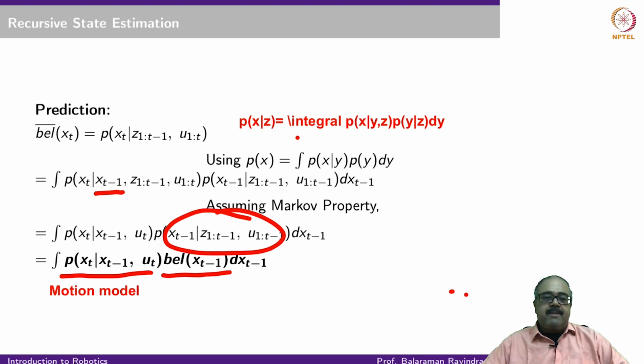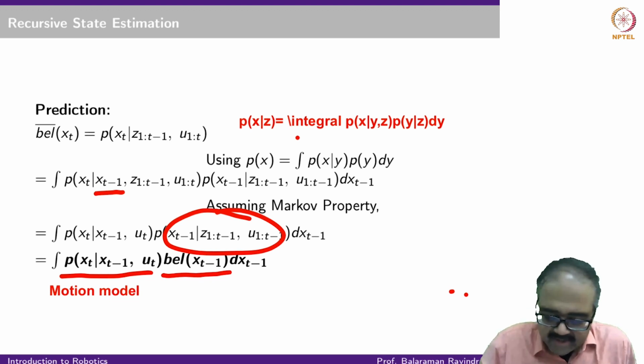So my bel bar is essentially the integral of the motion model times the previous belief, taken over all values for the previous state. So that's basically it.